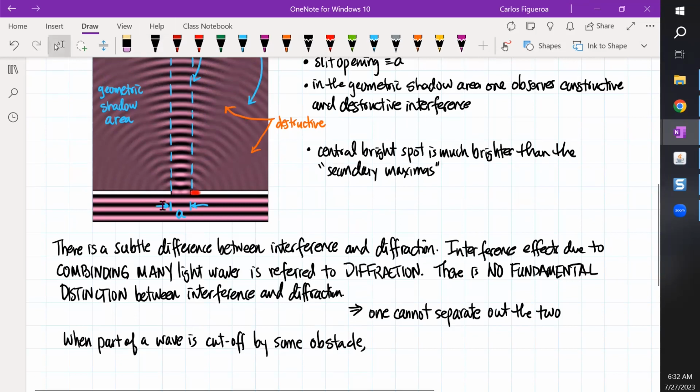It's encountering that obstacle and it's being cut off.